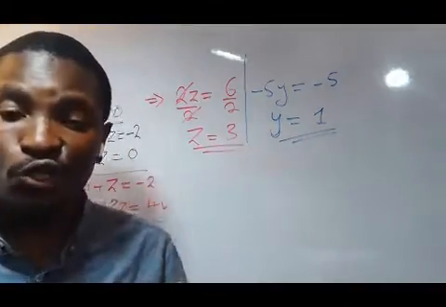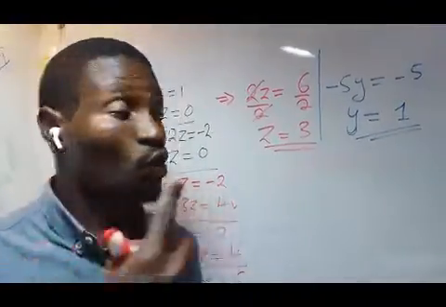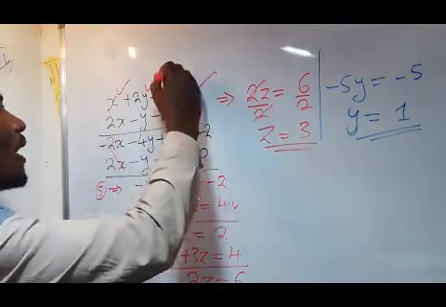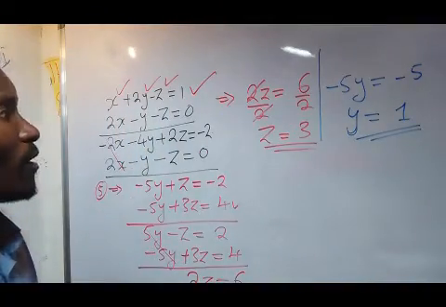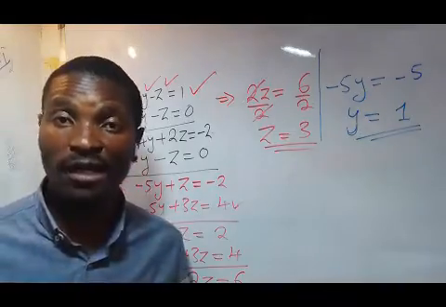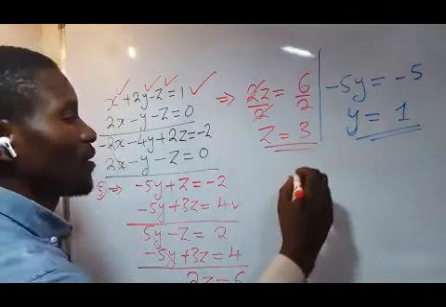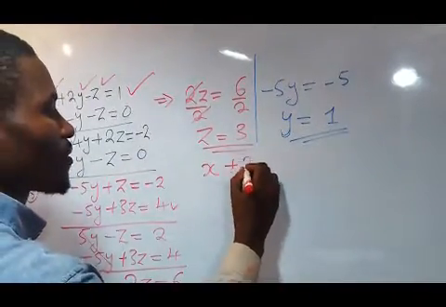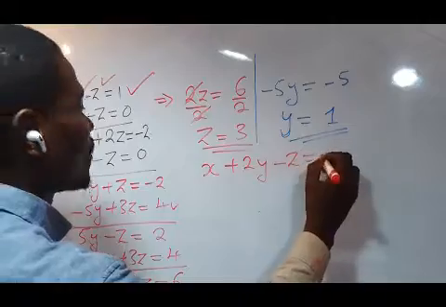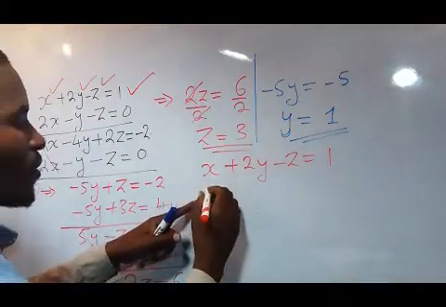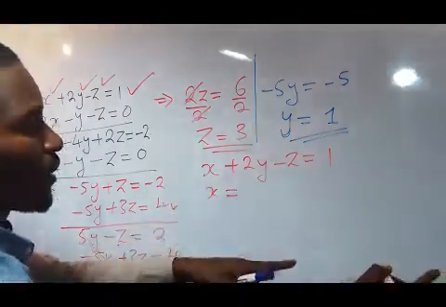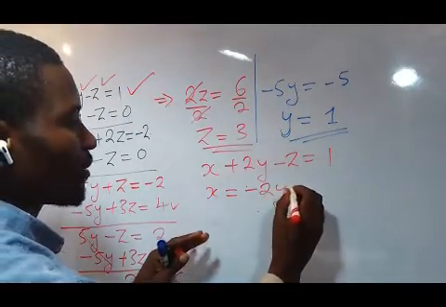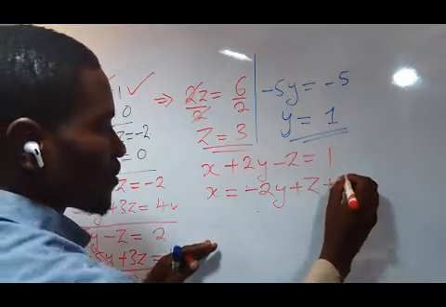For me to solve the value of x, I'm just going to look for one of the complete equations which contains x, y, and z, and then make x the subject of the formula and solve for x. So now I'm going to say x plus 2y minus z equals 1. So x equals, you take everything to the right side, negative 2y plus z plus 1.